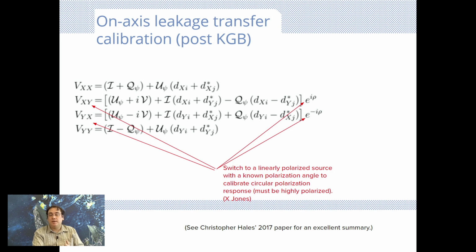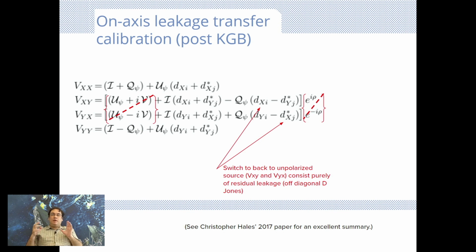Right? For this, we actually need enough signal to noise on the cross-hand term, so the correlations between the X-hand and the Y-hand of antennas P and Q respectively. So for this, we really do need a source that is intrinsically highly linearly polarized and unresolved. Okay, that source should be well modeled, so we should know its linear polarization angle and its spectrum and so forth. These solutions then, as we stated before, are known as the X Jones terms.